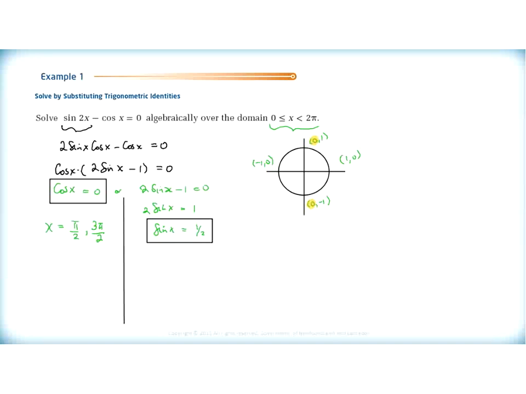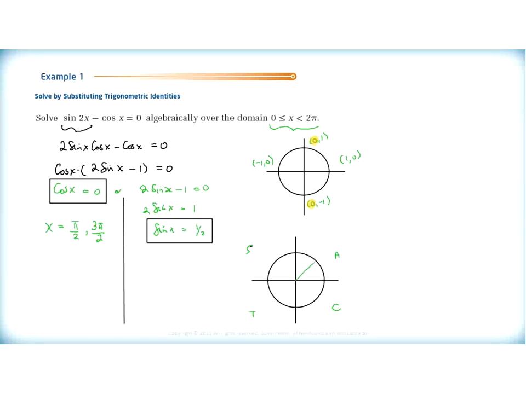Now what about where sine x equals a half? Well, if we again think about our unit circle for sine x equals a half here, let's construct another unit circle. Now, sine x equals a half. Sine is positive in two places. You must consider the fact that sine is positive in two places.